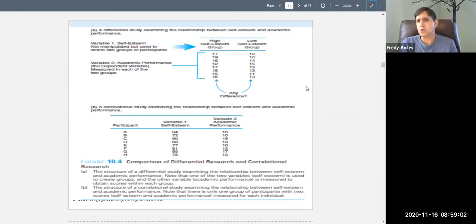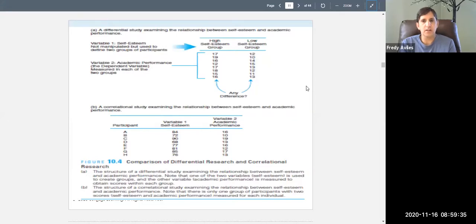You can do it as a correlational study. You can do it as differential research design. Okay, different data, different statistical analysis. However, the two studies are telling you the same thing. It's like this. Let's say you find that there's a correlation between age and self-esteem.